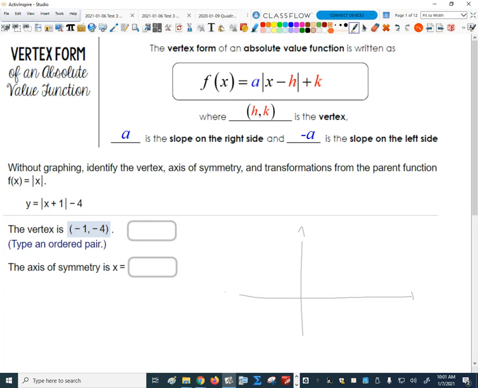So say I've got an absolute value function like this one right here, where the vertex is at (-1, -4), and a is equal to 1, so it's just a regular slope of 1. What's the axis of symmetry of that? What do we mean by an axis of symmetry on this one?